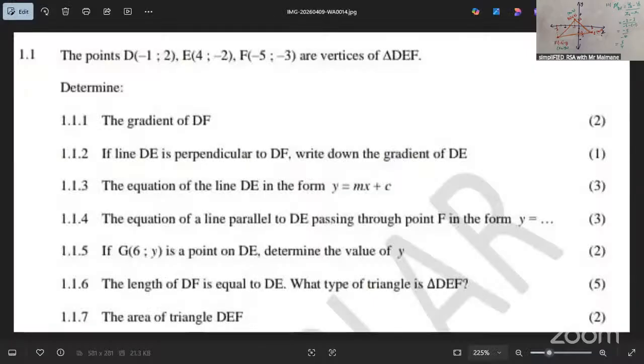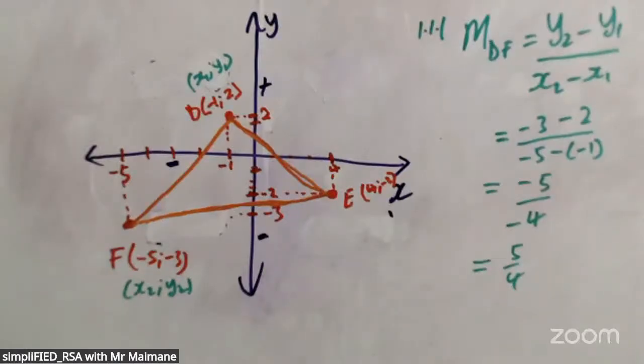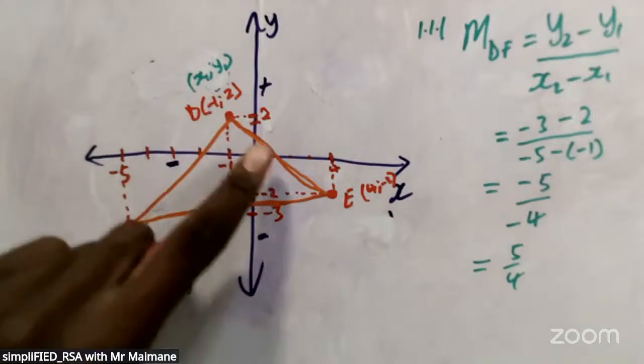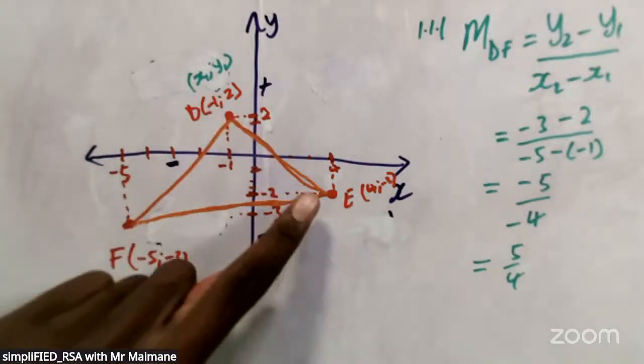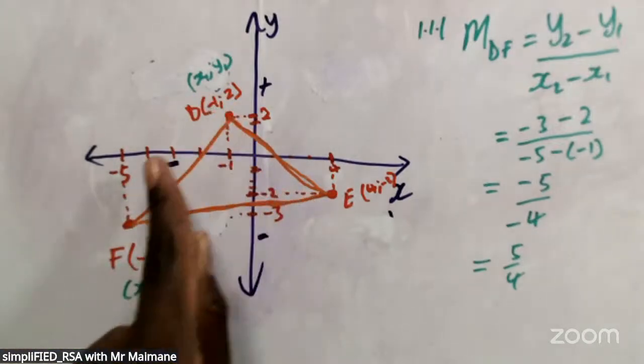I know it's just revision, like I say, just the revision of stuff that we already know. If line DE is perpendicular to DF, write down the gradient of DE. Let me go back there.